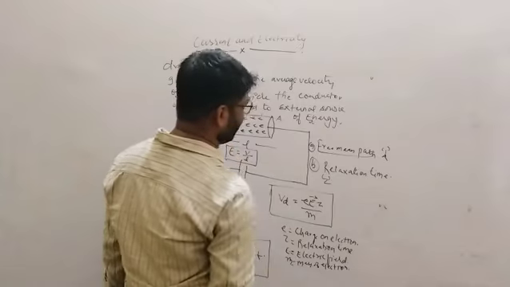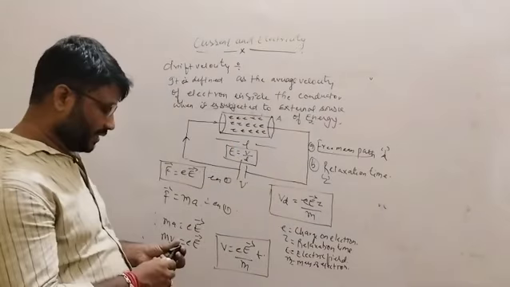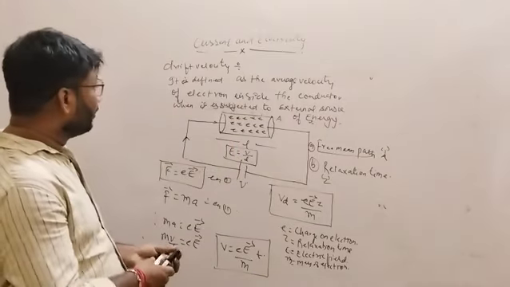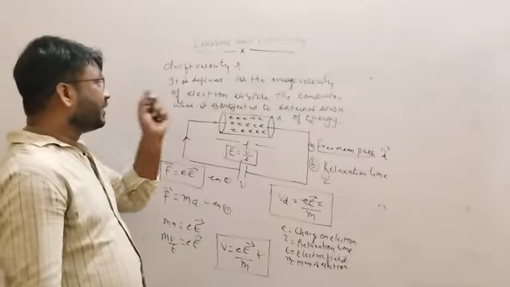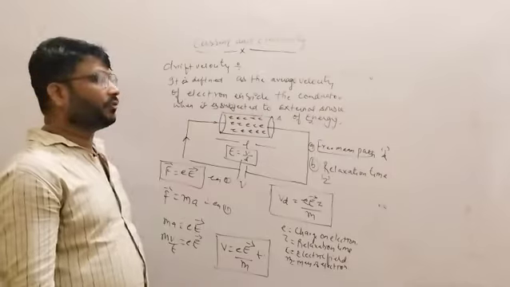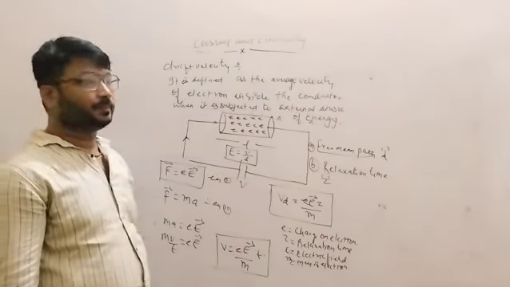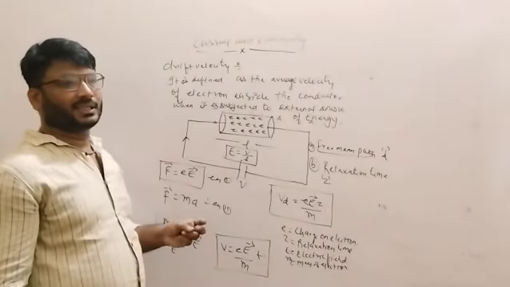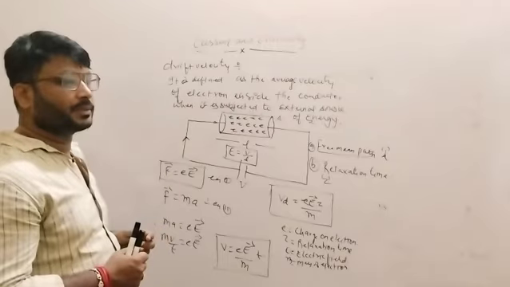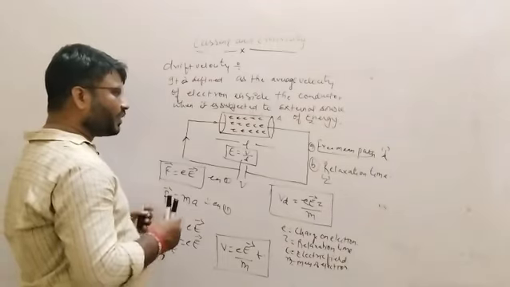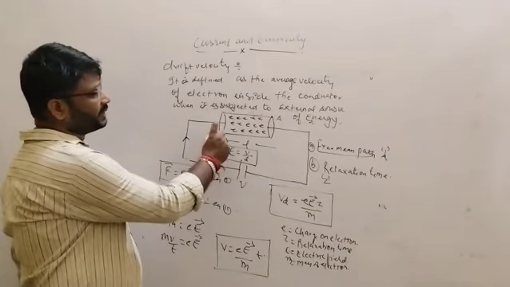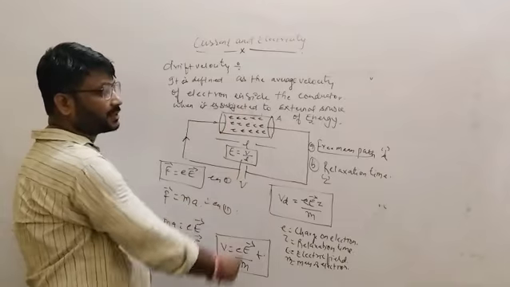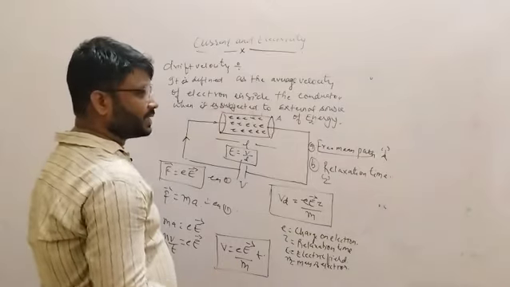In boards, sometimes it will be asked whether this velocity is average velocity or instantaneous velocity. We will say it is average, as in the definition itself: drift velocity is an average velocity of electrons. Why are we assuming average here? Because inside the conductor there are so many electrons moving randomly, and when we apply some external force, these electrons align in certain directions and undergo collisions.